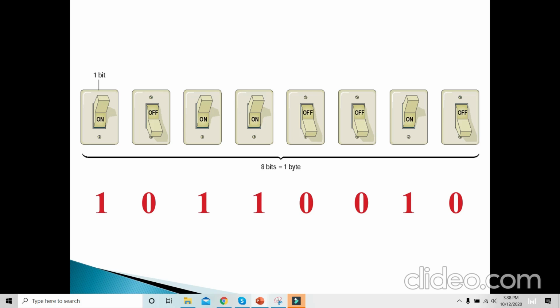So off 0, off 0, on 1, on 1, off 0, and then on 1. This is considered to be 8 bits, 1 byte binary representation. Each binary digit, if you want to convert it into decimal, has its own equivalent number. So if you're going to represent these numbers, it would be like this.